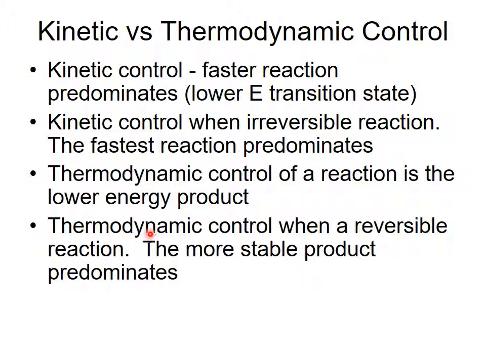In order to get this, we pick conditions that give a reversible reaction, because the kinetic one is going to happen faster regardless. But if we have the conditions so that the reaction can reverse, eventually the more stable product will start to form and accumulate, while the kinetic control product will start being used up by reversing the reaction and going to the more stable state.